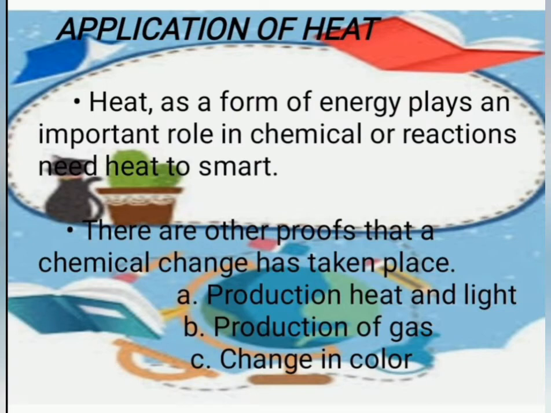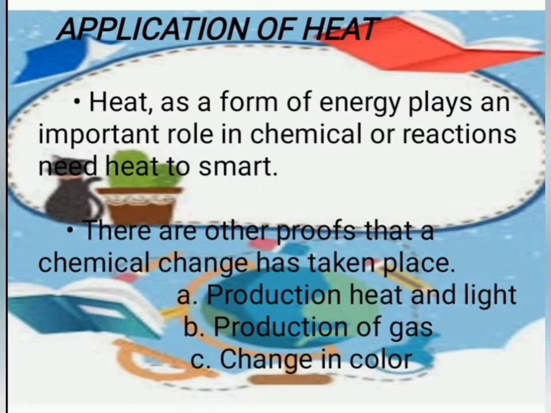Heat as a form of energy plays an important role in chemical reactions. Some need heat to start. For example, when cooking food, the firewood requires a match and kindling to get the fire to start.